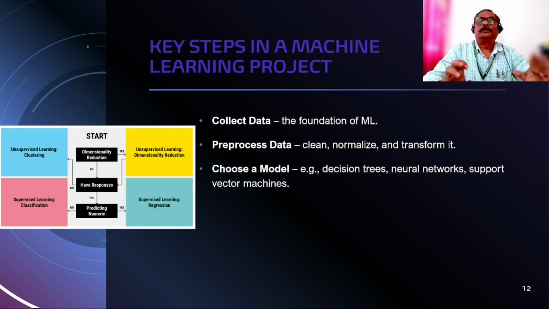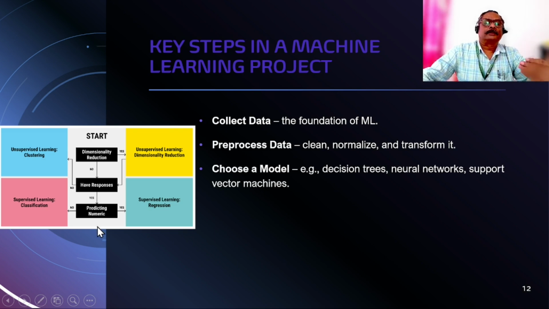The next step is to create a model, choose a model. So this model can be a decision tree or neural network, support vector machine, and many more. So just look at the type of data we have. Does the data have any response? If yes, then we are talking about supervised learning, that is, input and output both are there.